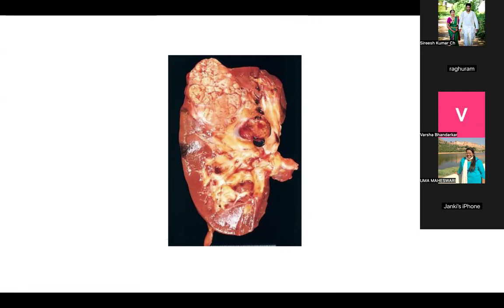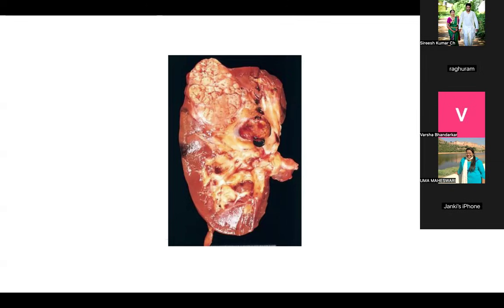Can you tell me what are the components of the IMDC criteria? Time from diagnosis to systemic therapy less than 1 year. Platelet count.